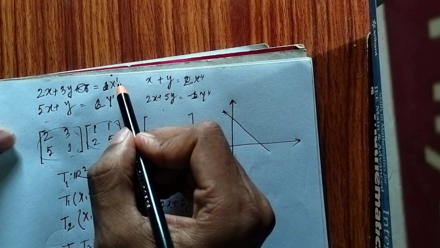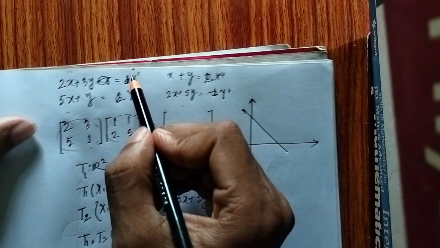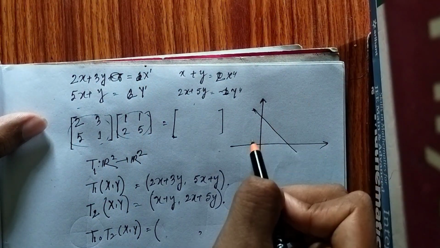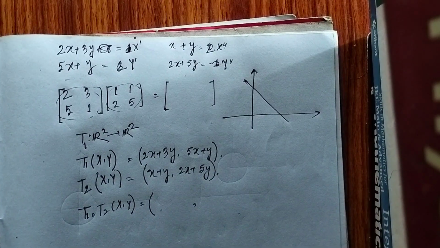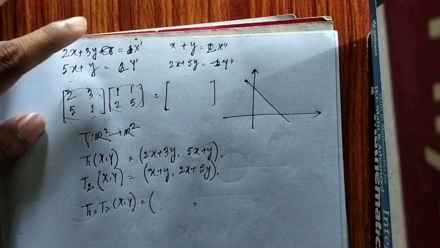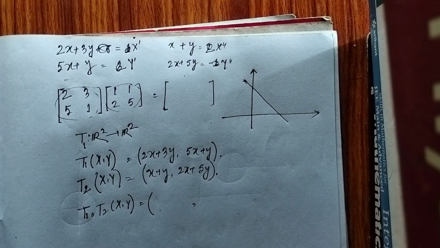But if I put x dash here, this is not a particular line. If I change the value of x dash, then the line will go upward or downward. The problem if I take 1 is that this is not a transformation, because a line segment is not a transformation. We cannot write it like this.